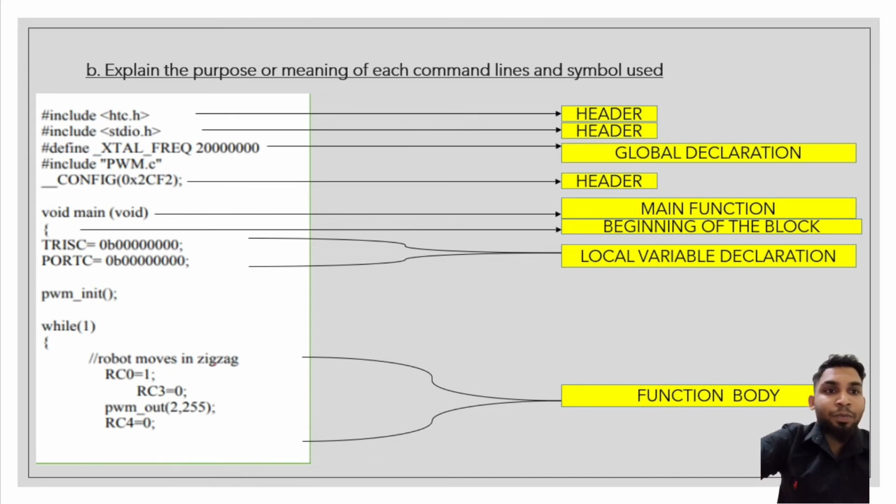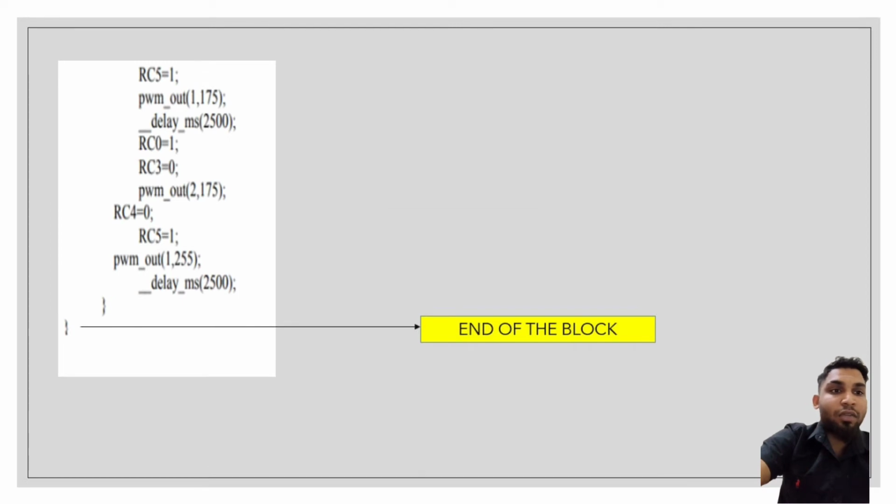So the string equal to 0b00 and the port C equal to 0b00 is considered local variable declaration, and after the while bracket it's considered the function body, where the robot moves in zigzag, with pwm out. And the last part is the end of the block, the bracket.